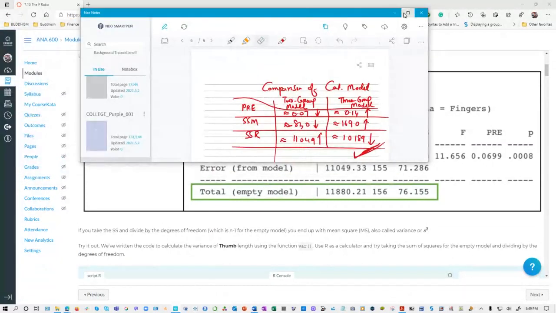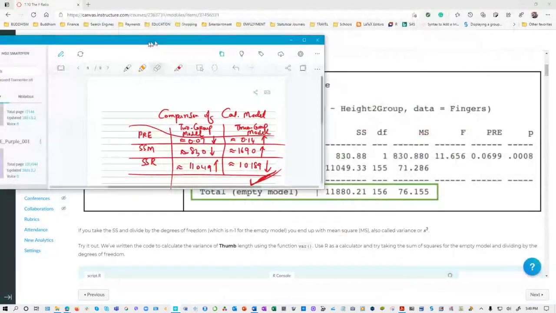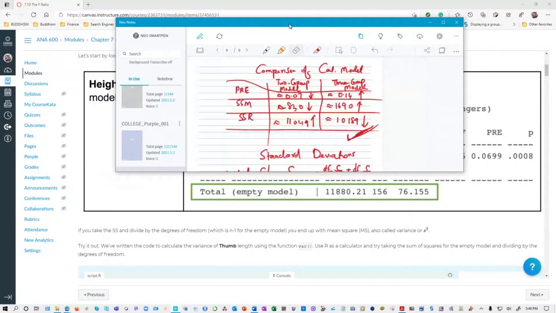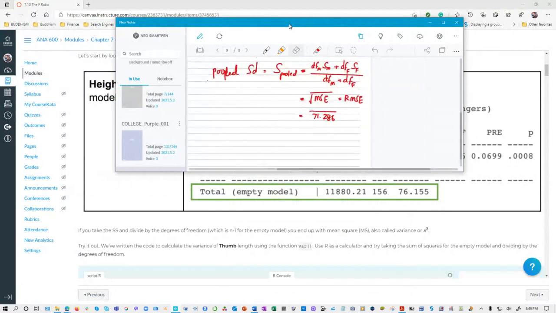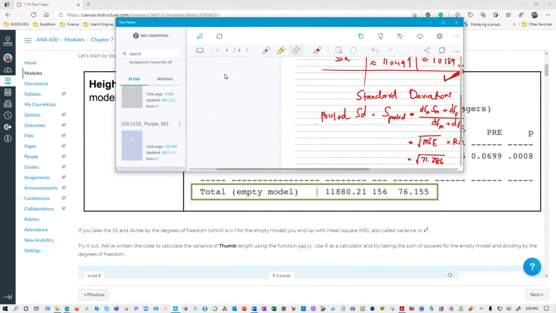Square root of 71.286. That's the pooled one. That's the pooled standard deviation.